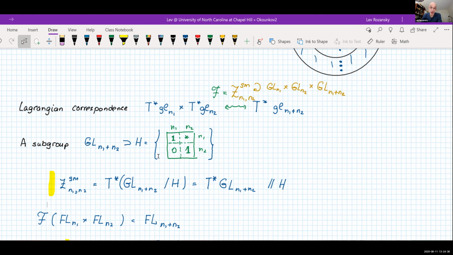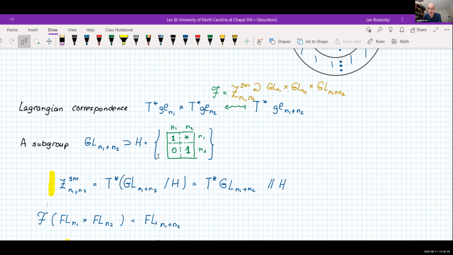So the quotient itself has the action of all three groups. GL_{N1+N2} acts on the left. And you can see that GL_N1 cross GL_N2 normalize this subgroup H, so they act on the right. What this variety is, let me say it in a pedestrian way.